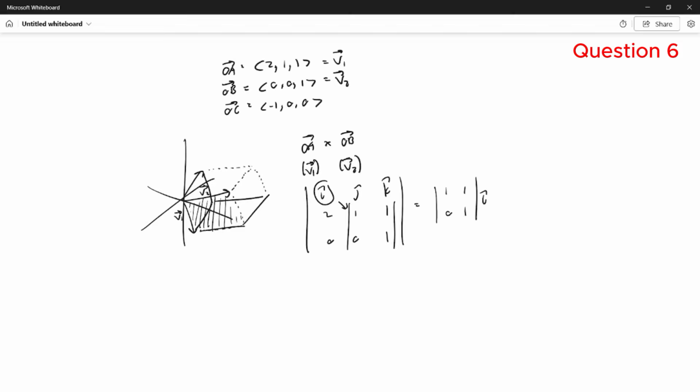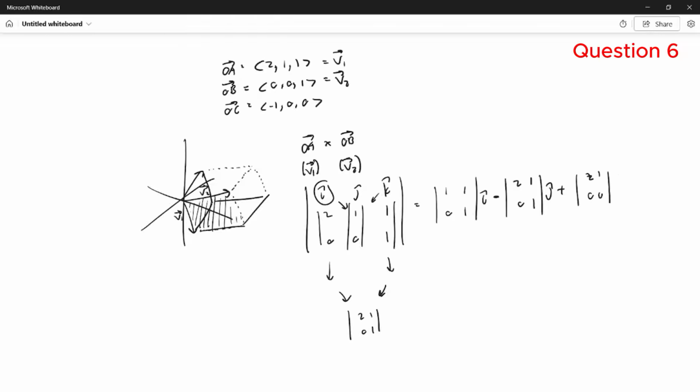You do the same thing for j, but in this case, you subtract this component of j, so it'd be minus 2, 1, 0, 1. I'm taking from these columns here to make 2, 1, 0, 1. That would be j, and then plus, finally, k goes down to here, and it takes 2, 1, 0, 0.